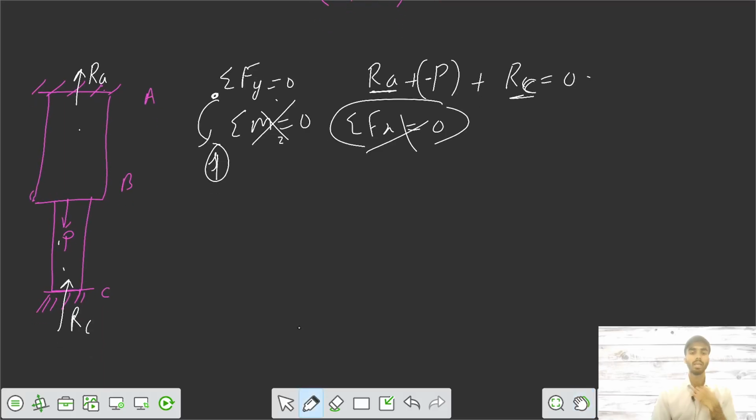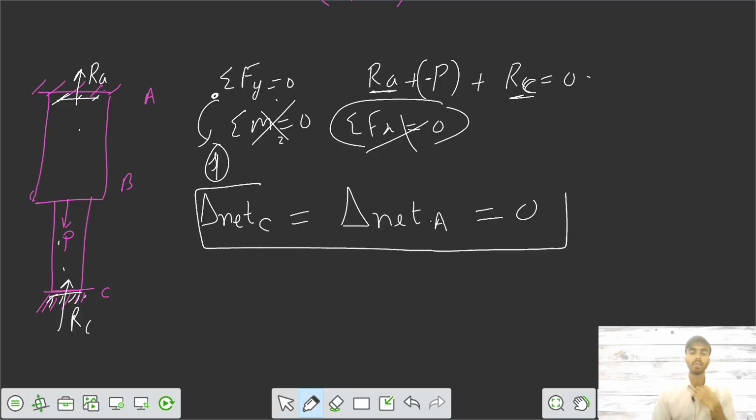We can say the net displacement at C equals the net displacement at A, both are equal to 0, because these are fixed. Point C can't move anywhere and point A can't move anywhere. So net deflection at C and net deflection at A equals 0. If we use this, we can get the value of reaction A and reaction C.